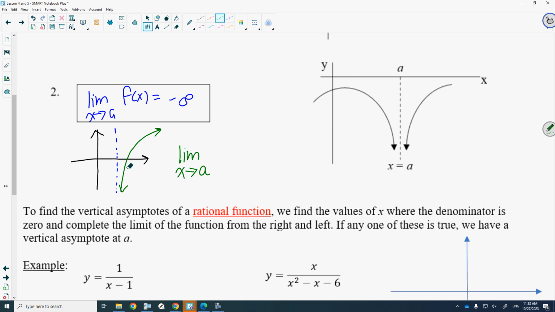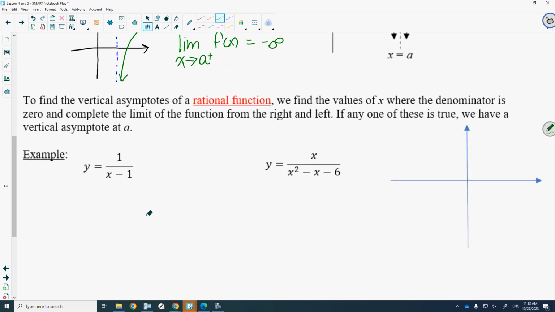I've only given you the right-hand side. So it'd be as x approaches a from the right-hand side of f of x, and Akil, what would the limit be? Negative infinity.